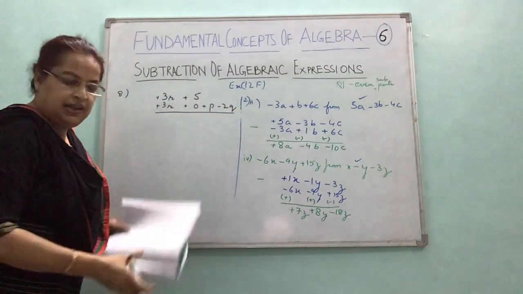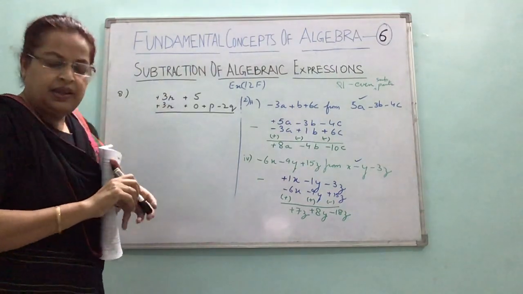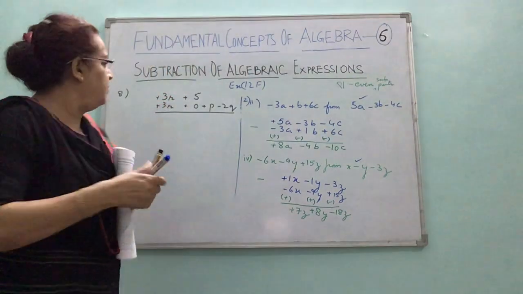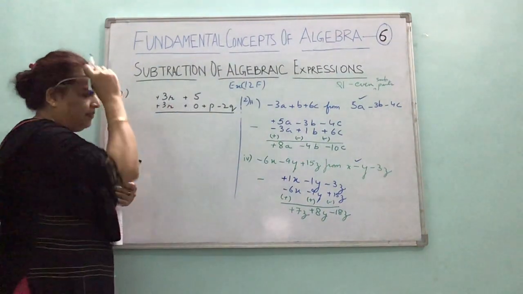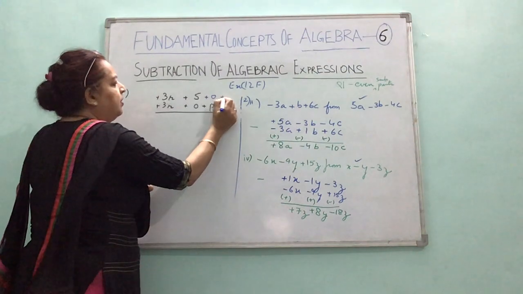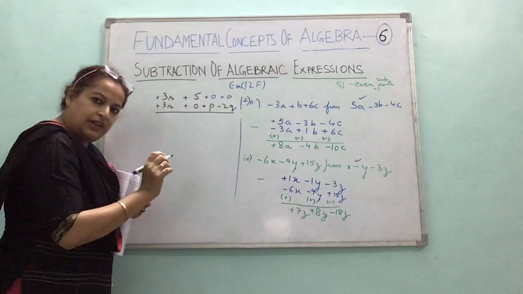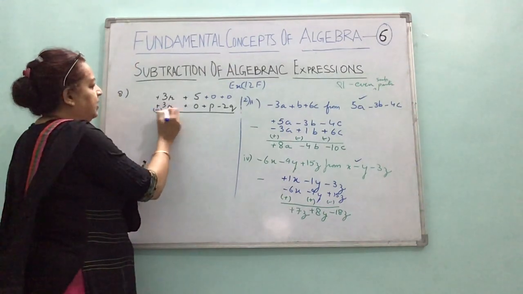Like term underneath the like term, that is the thumb rule for addition and subtraction, children. Now since there was no constant term, I have written 0. If you want, you can put 0 so that you do not get confused, right? Now change the sign.